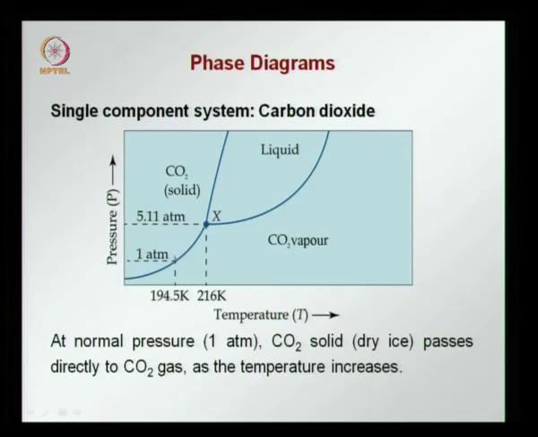So at normal pressure, carbon dioxide can go from solid form, the dry ice form, directly to gaseous form. That is why it is called dry ice. It does not go from solid to liquid to gas, but directly at normal pressure can go from solid to vapor form.